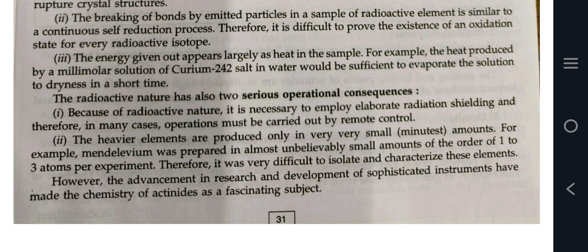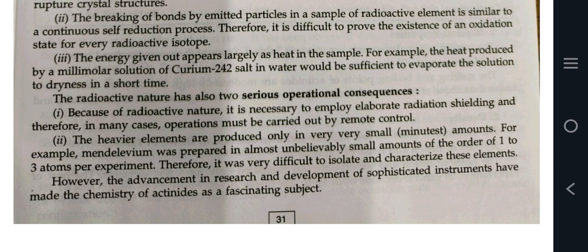The radioactive nature has also two serious operational consequences. First, because of the radioactive nature, it is necessary to employ elaborate radiation shielding, and therefore, in many cases, operations must be carried out by remote control. Second, the heavier elements are produced only in very minute amounts.